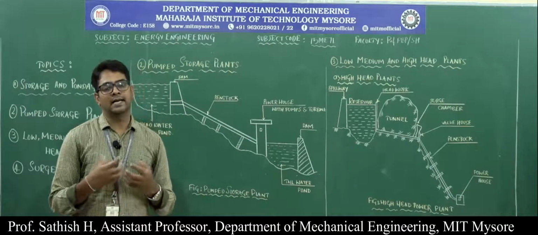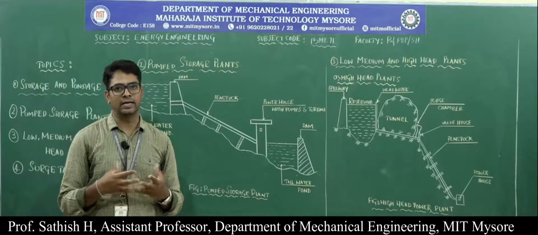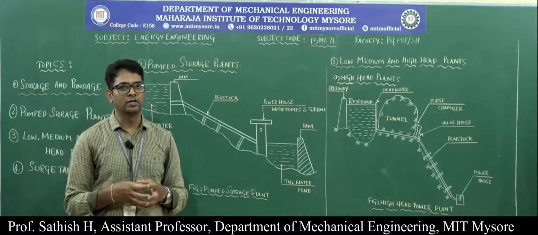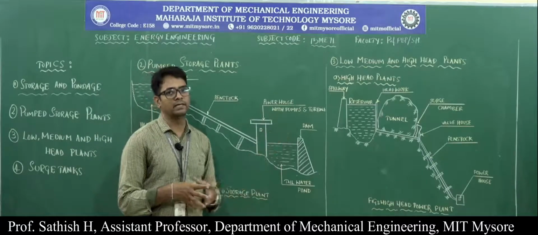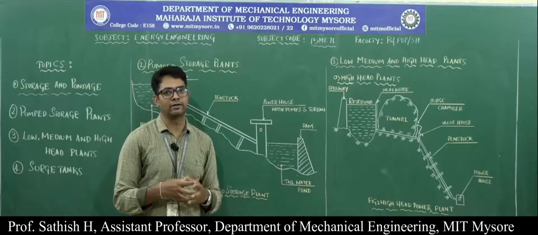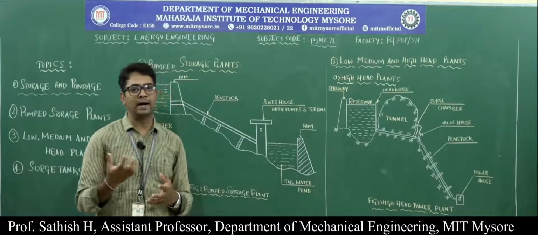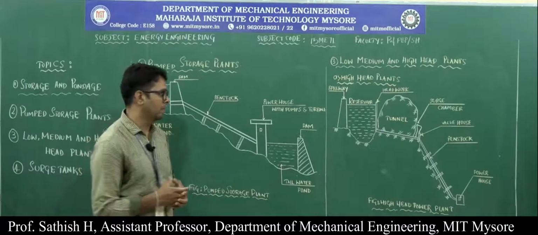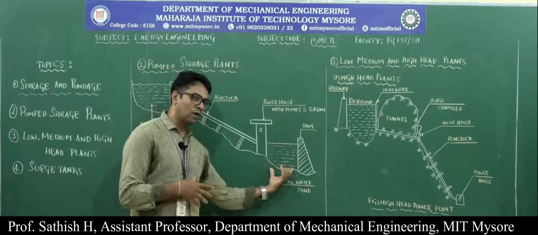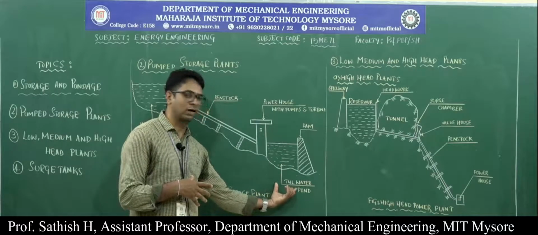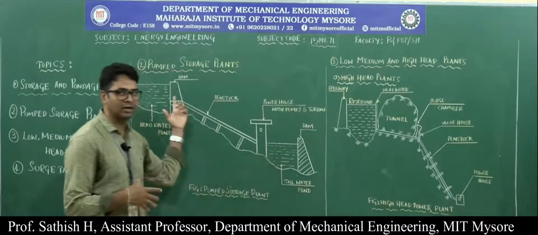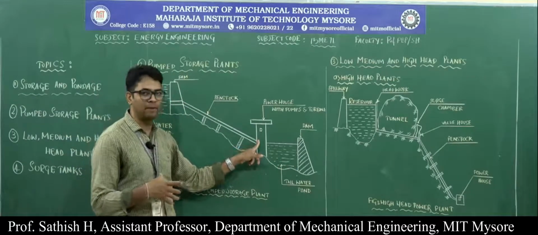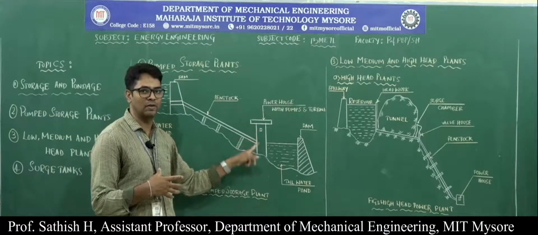When there is less demand for electricity, during the night time for example, the generation of electricity from the turbine is not required. So during low demand conditions, whatever water is stored in the tail water pond is pumped back with the help of a pump present inside this powerhouse.